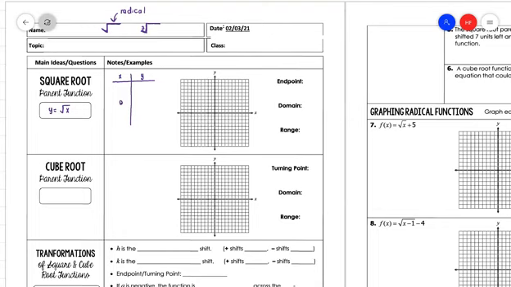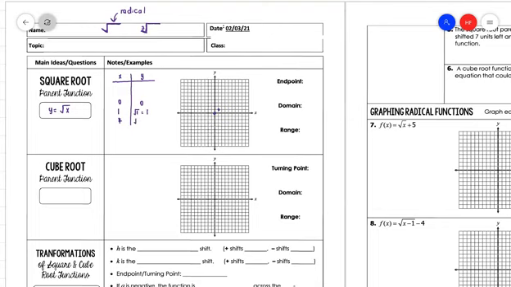The square root of 0 is 0. So if I input a 0 for x, I'm going to get a 0 for y. So I know I'm going to have a point there at the origin. The square root of 1 is 1. So I'll have a point at 1, 1. Square root of 2 isn't a clean whole number, so we're going to skip that one. And the next square root that I know will give me a good clean whole number is 4.